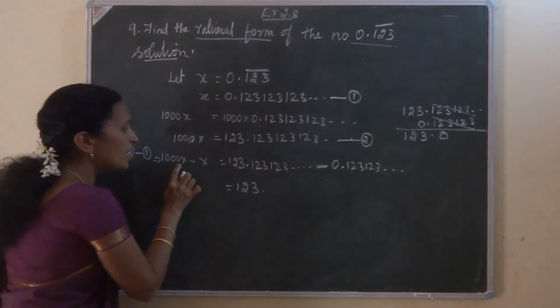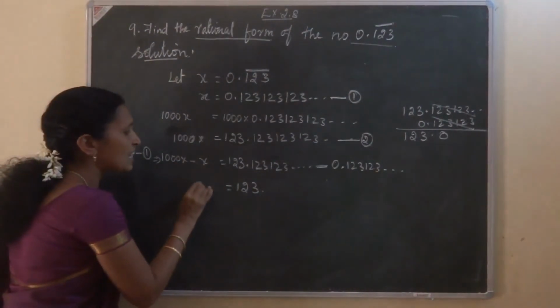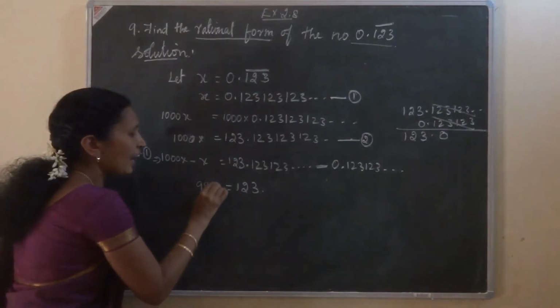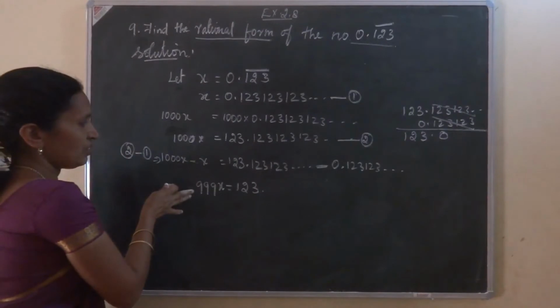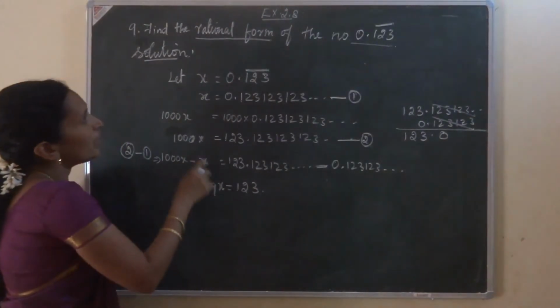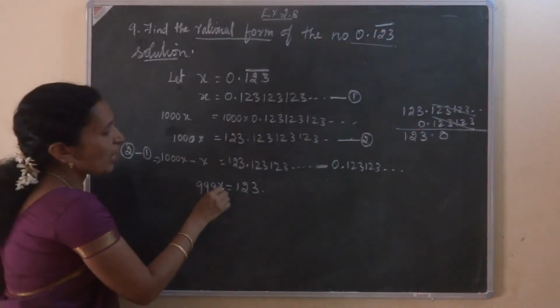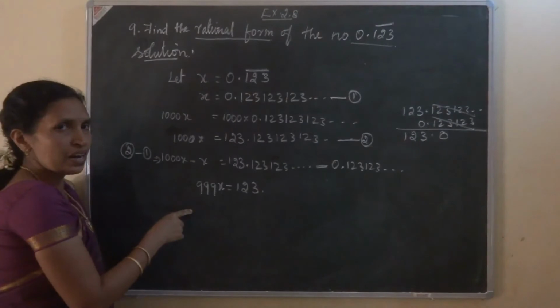So 1000x minus x, what's the value? 1000x minus x, 999x. Do you understand, students? 999x. We know that if you find the value of x, it is in the form of rational. Okay.